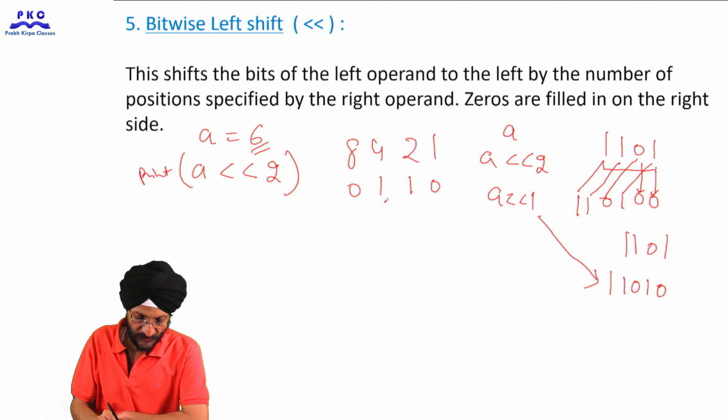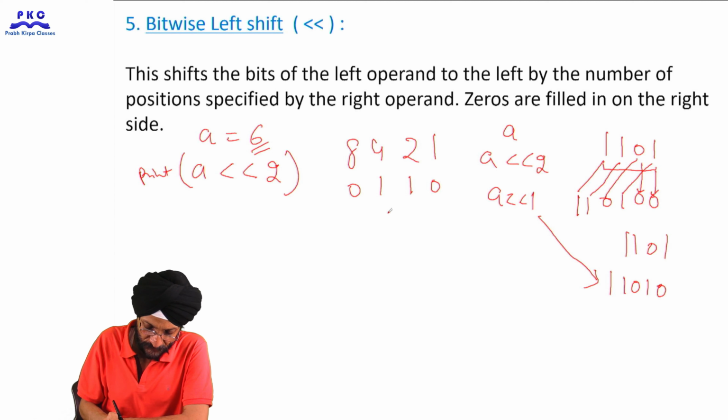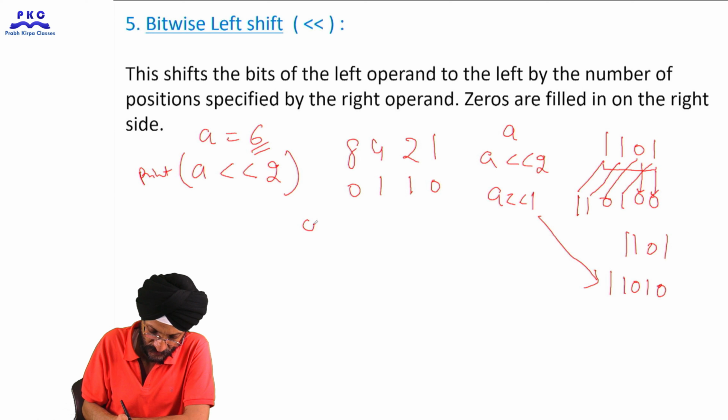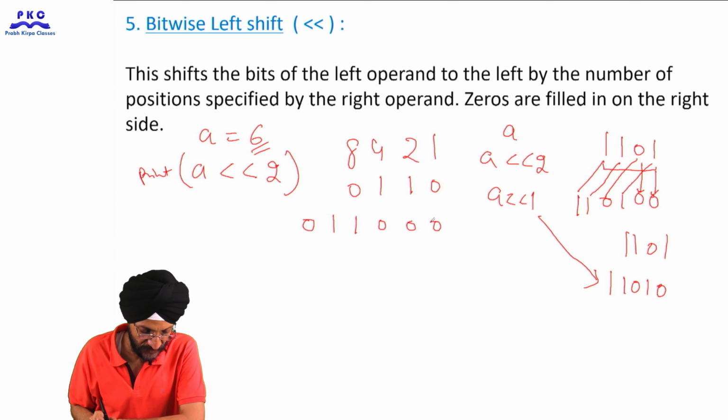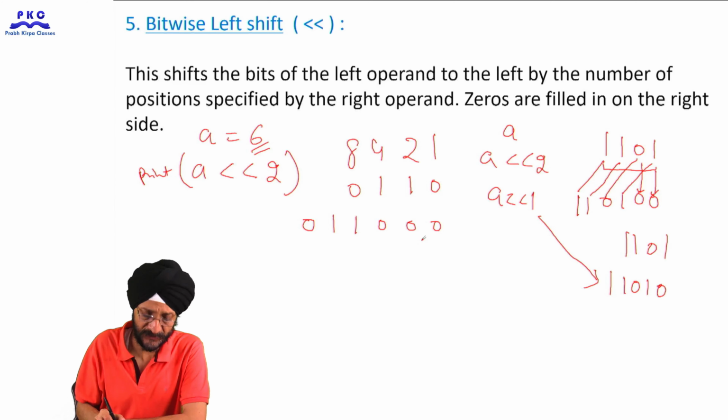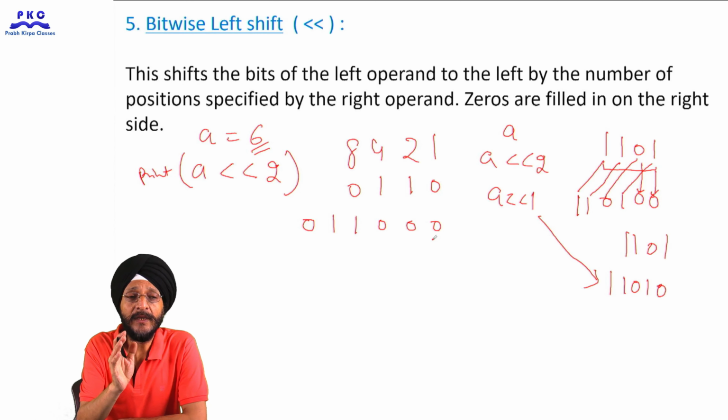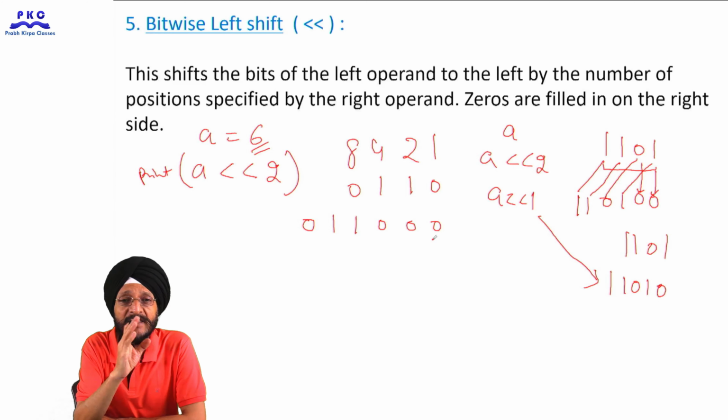So now what we will do is shift all these by 2 places: 0, 1, 1, 0, 0, 0. This is the position which we get after making a bitwise left shift 2.